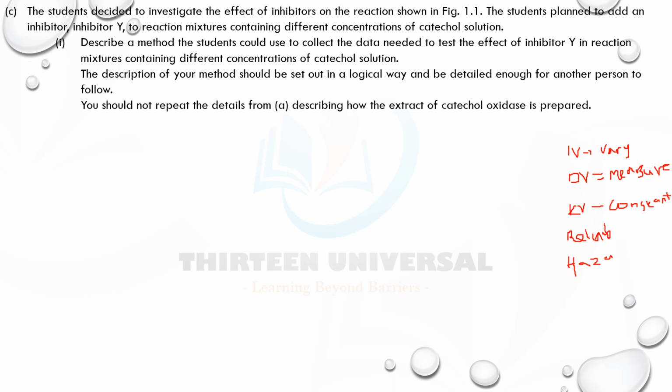I'm going to talk about my independent variable, which is the substrate concentration, catechol. I need to vary it. How do I vary it? Dilution. Look at what they said: investigate the effect of the inhibitor, adding to mixtures containing different concentrations of catechol.